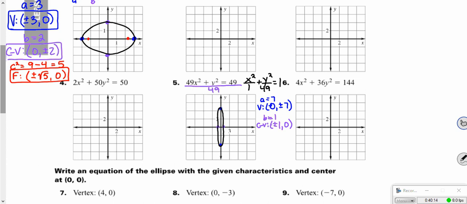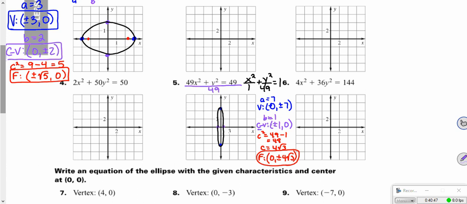And then your foci. Remember, c squared equals a squared minus b squared. So 49 minus 1 is 48. So c is the square root of 48, and 48 is 16 times 3, so 4 root 3. So your foci, remember, are on your major axis, so that would be 0, plus or minus 4 root 3.